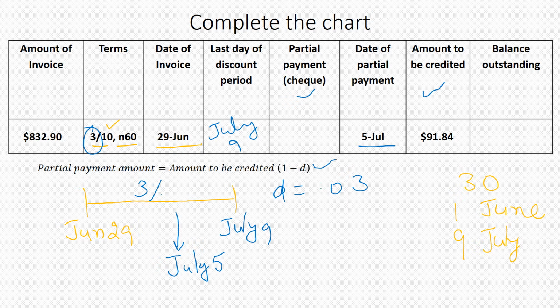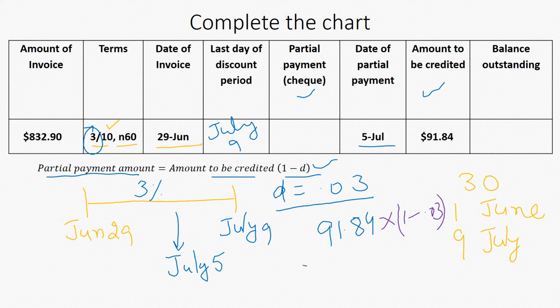So we'll use this formula again because D is given. So to calculate partial payment, we'll multiply amount to be credited by the NPF factor. Now amount to be credited is 91.84, right, times NPF factor 1 minus 0.03, and this comes out to be 89.08, right? So this partial payment is 89.08, right?